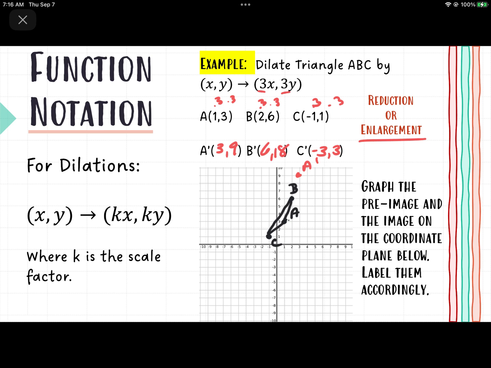I'm going to say somewhere around there. And then C, negative 3, positive 3. All right, not perfect, but you can see how this works. All right, next.